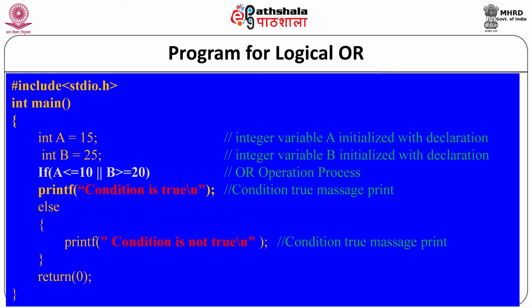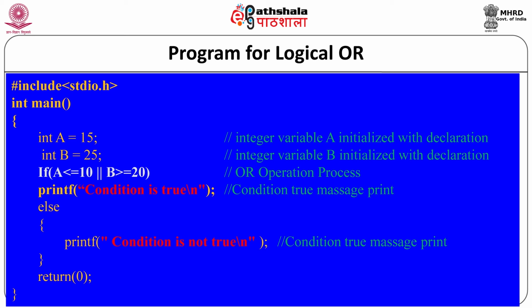So you know b is greater than 20 because the b value is 25. So the second expression is true, but the first expression is not true because you considered a less than or equal to 10. Now you are using the OR operator between the first expression and the second expression.